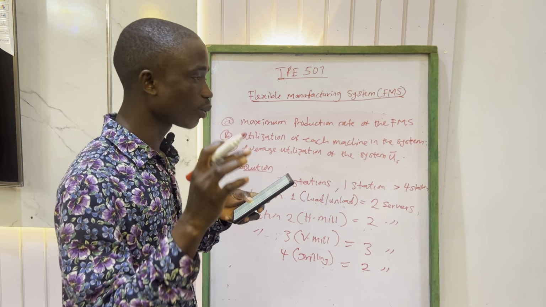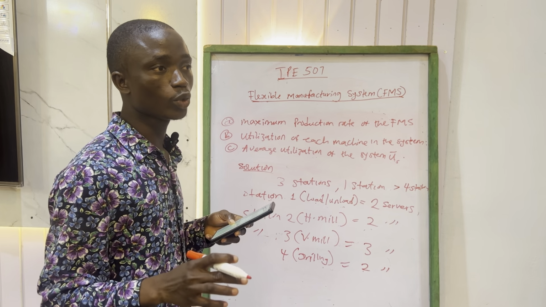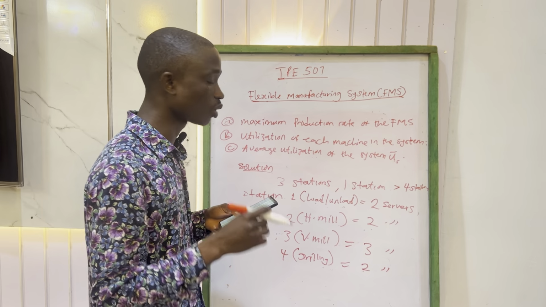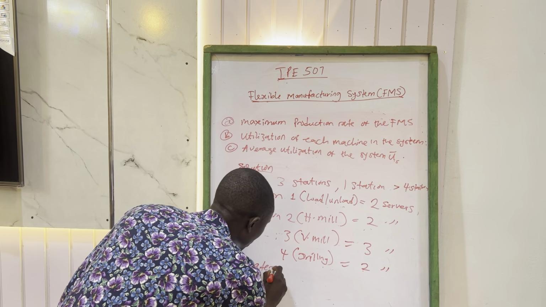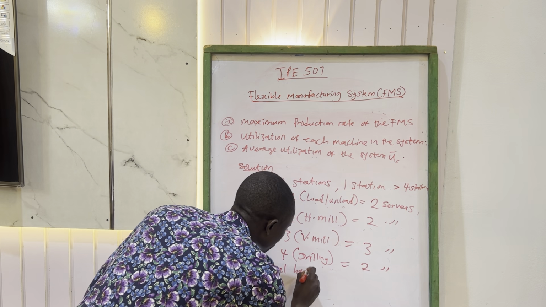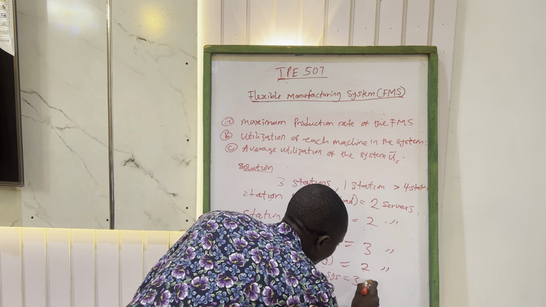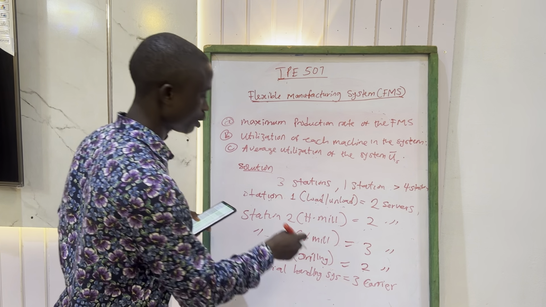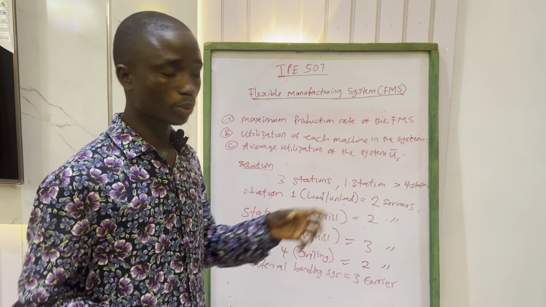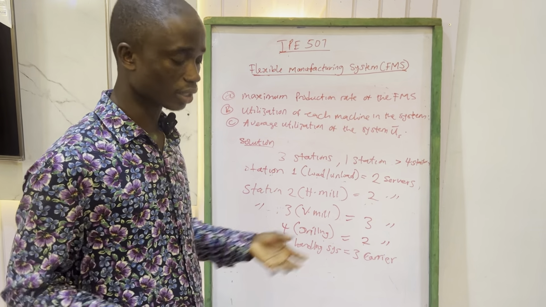In the case of the material handling system, we use work carriers and not servers. It has 3 carriers that transport the product from one station to another station. So we don't call it a server in that case.